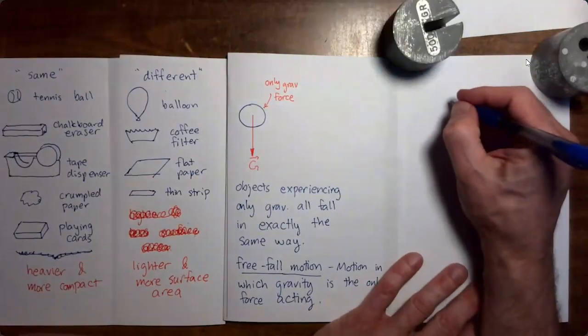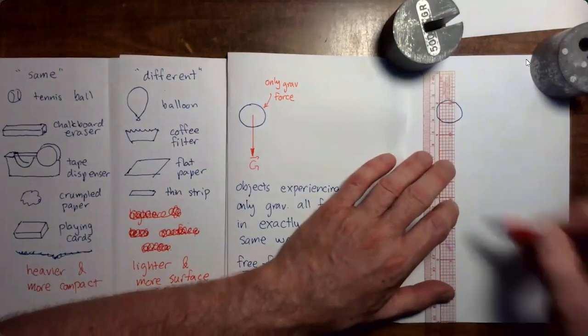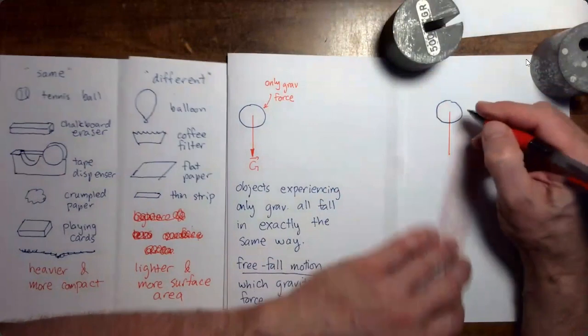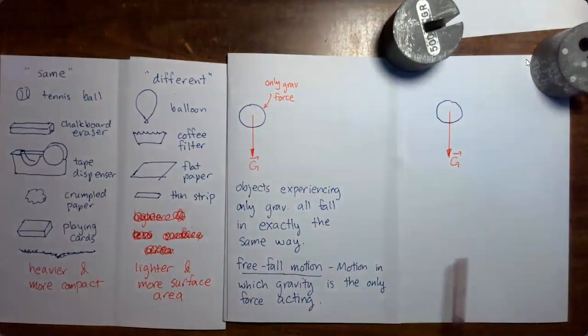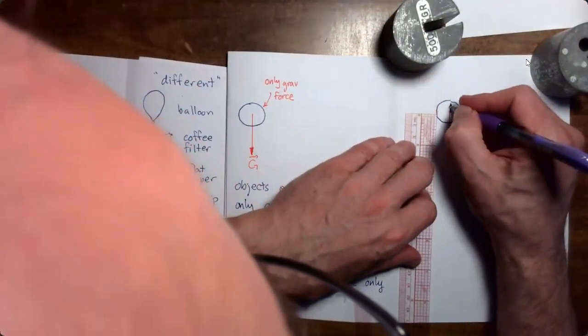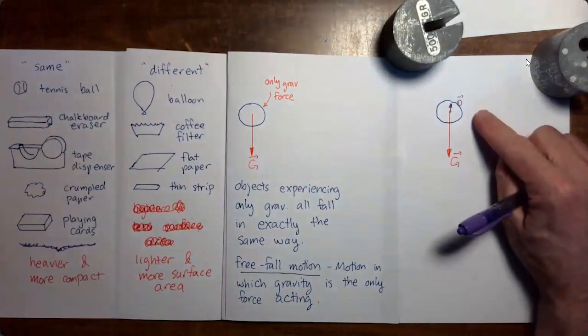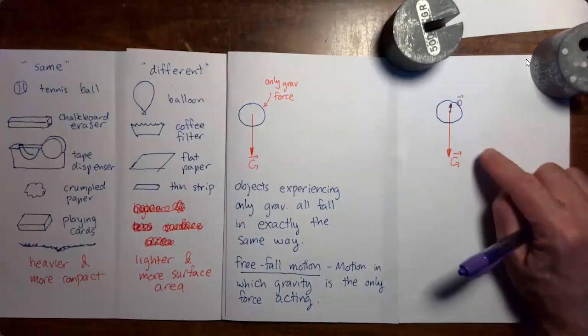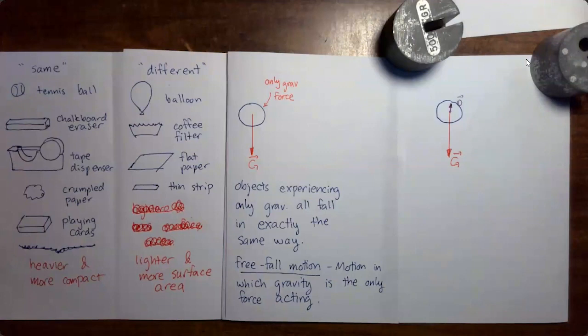So let's consider objects which are experiencing a tiny amount of air resistance. For our second possibility, let's consider an object which experiences a gravitational force, of course, but also experiences a drag force which is teeny tiny in comparison to the gravitational force. If so, the motion might still be close enough to free fall motion that we can't tell the difference.